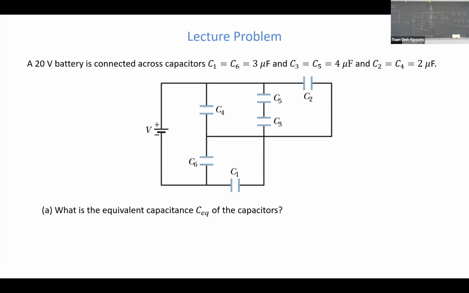Okay, now we combine some more. Two larger capacitances in series get a smaller capacitance. So when they're in parallel, it increases, but when they're in series, it decreases.